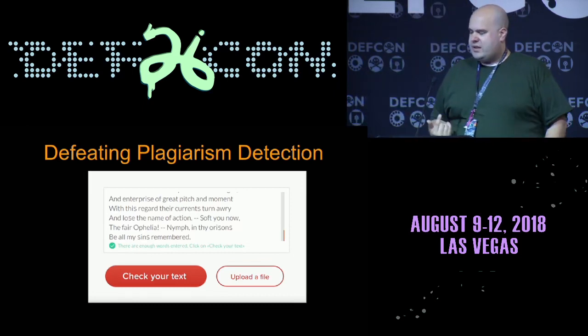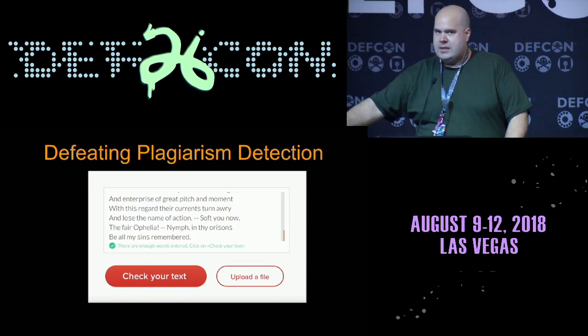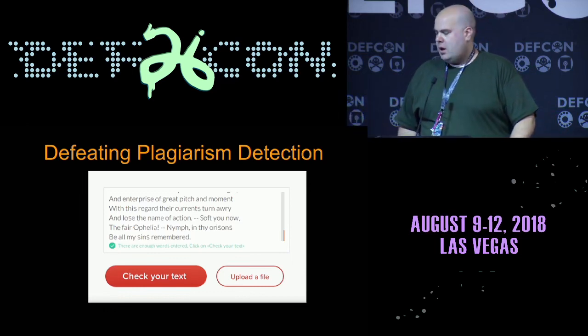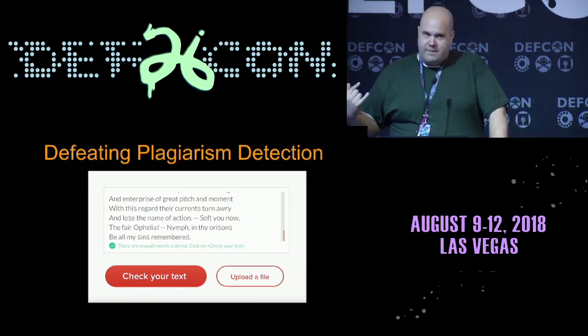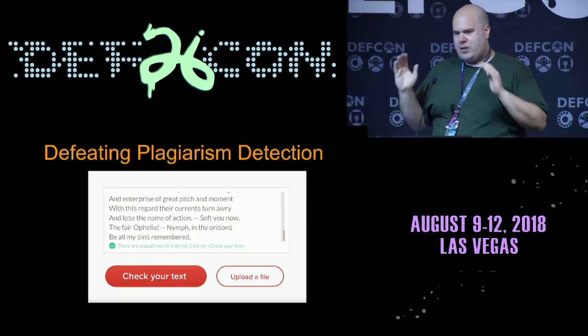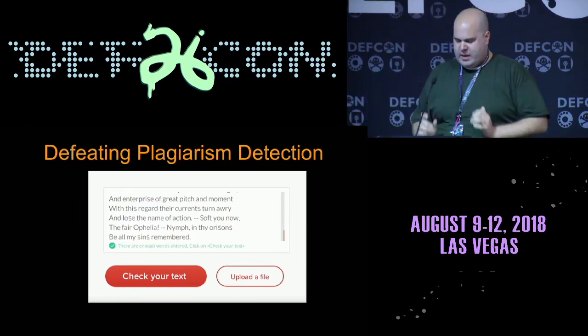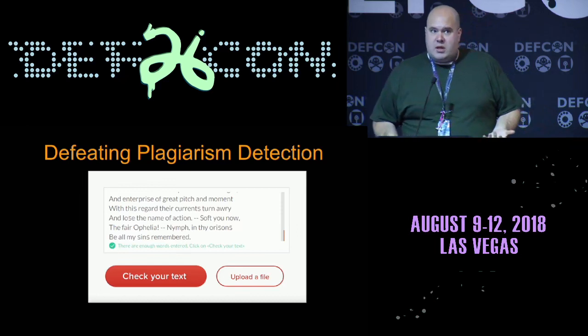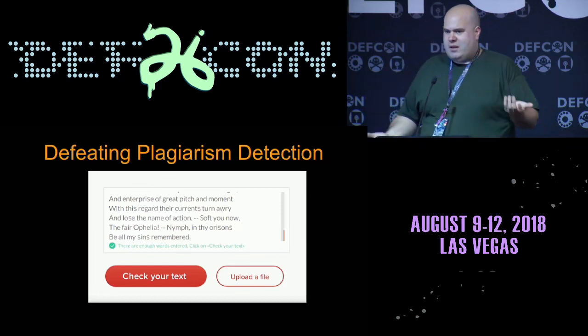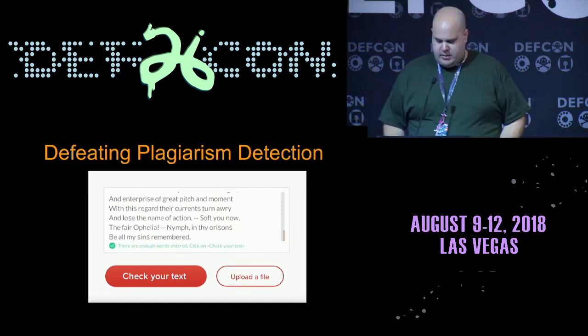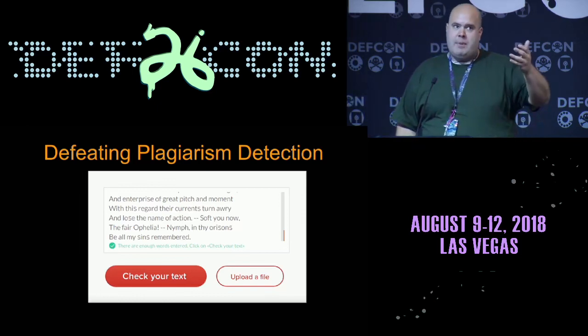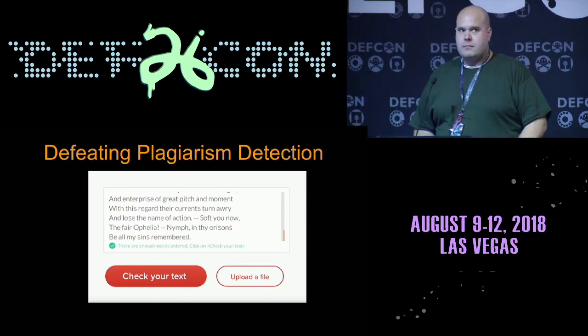The place you're most likely to see it is if you look at the word sins in that last line, be all my sins remembered. I have two fixed width lowercase s's, and the fact they're bookending the word makes it a little more obvious. But most English readers would just think, that's a weird font, okay. They wouldn't notice anything was wrong, but this bypasses the detection entirely.